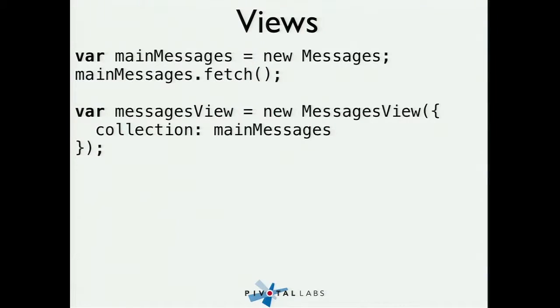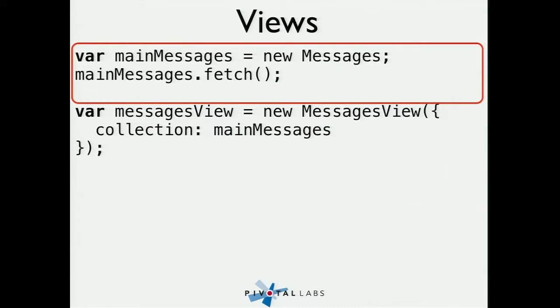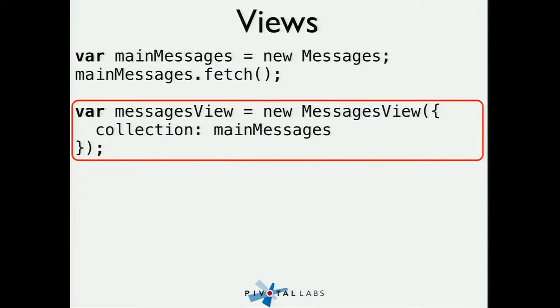So let's combine this with what we did earlier. Earlier we made a messages collection, and we fetched the messages from the server. Now what we're going to do is create a messages view, and we're going to pass in that collection. Now this part should look familiar. This we did before. This is a bit newer.